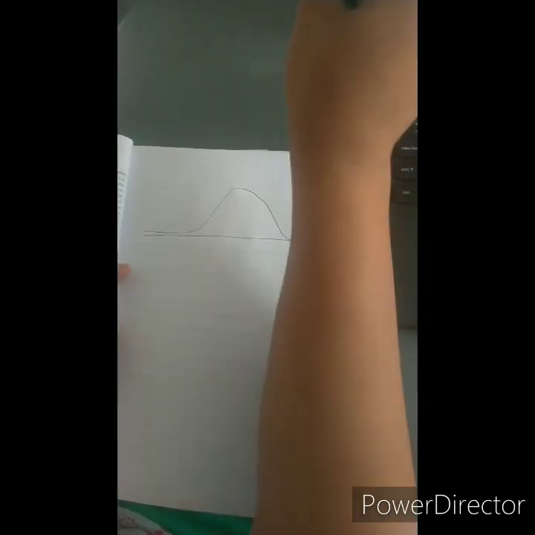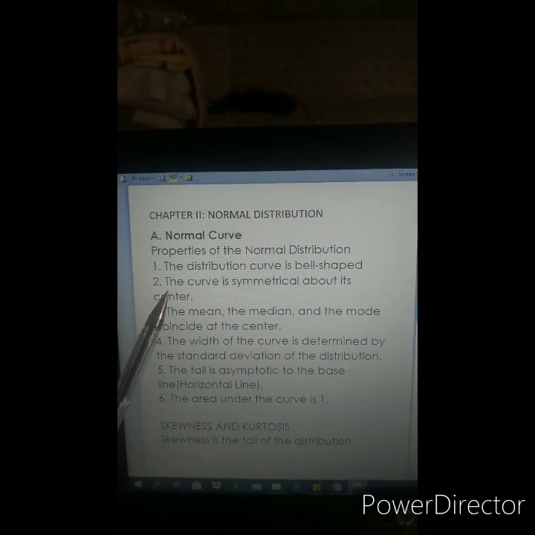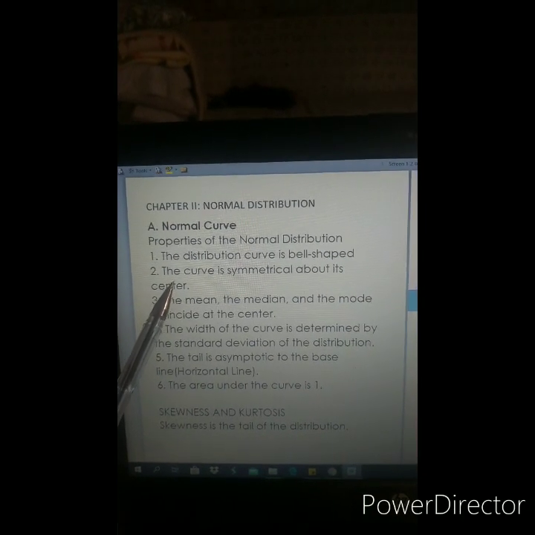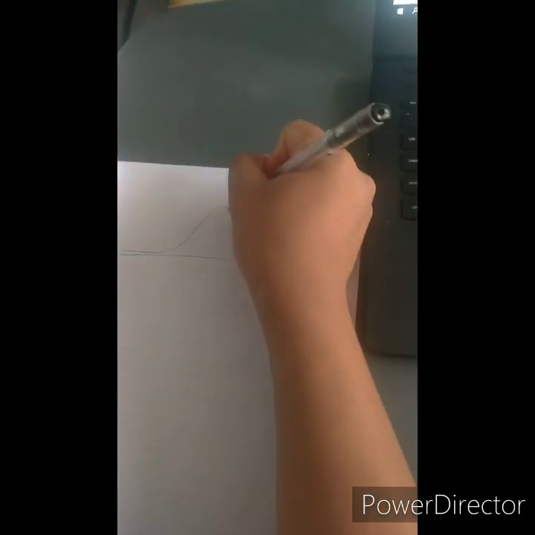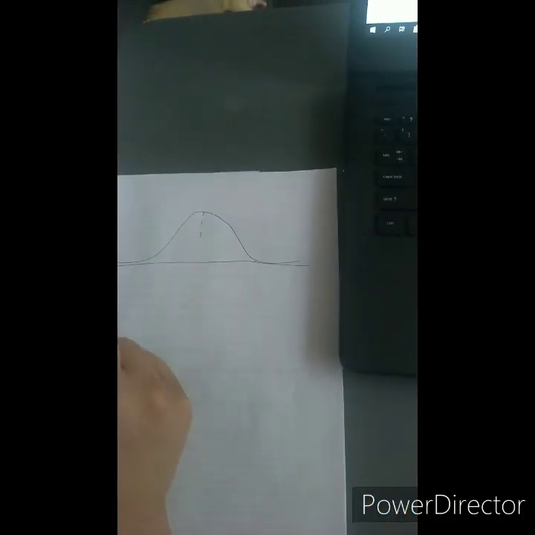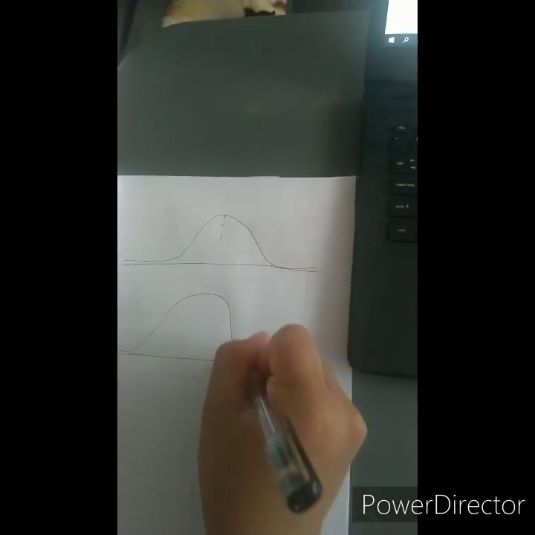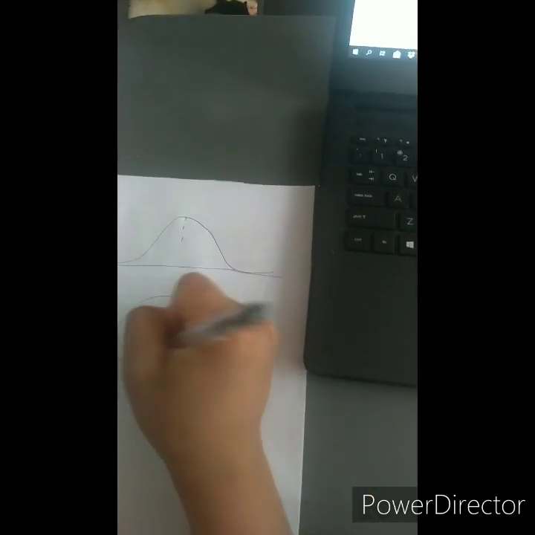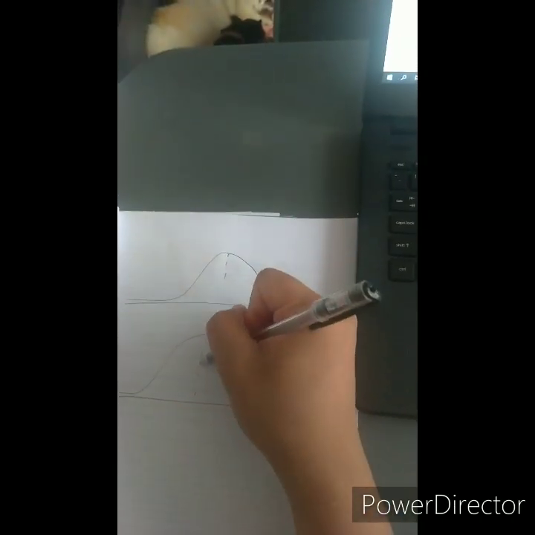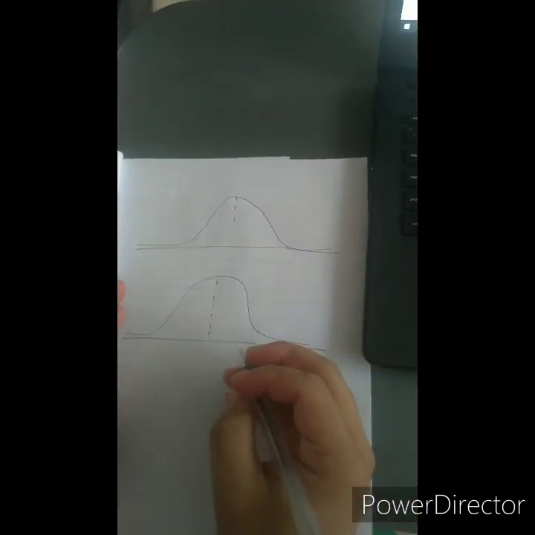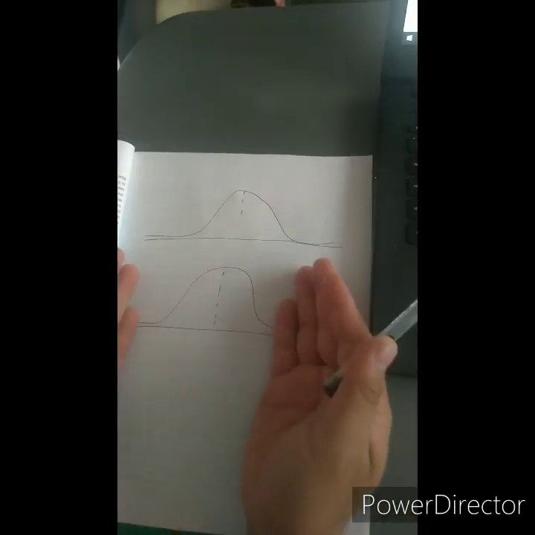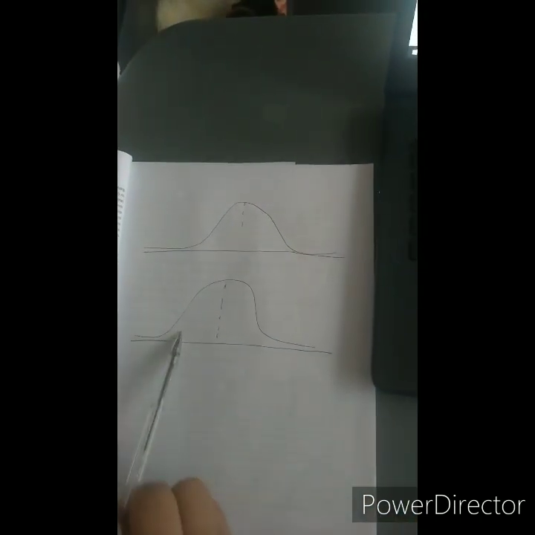Now we go to number 2. The number 2 property is the curve is symmetrical about its center. Let me make another one. Let's say for example this is your normal curve. It says that it is symmetrical about its center, so if this is the center of your normal curve, the two sides are symmetrical to one another.